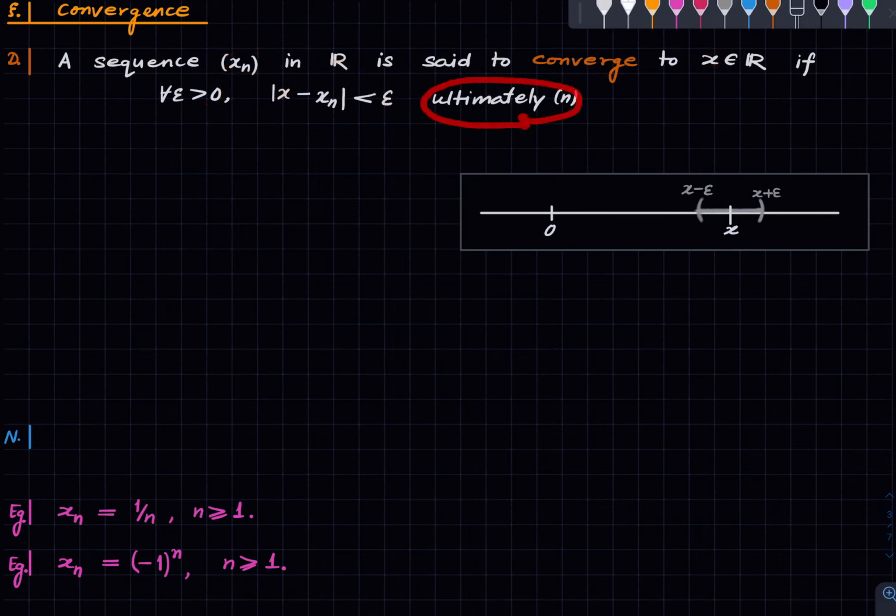Well, the thing is that if you visualize this sequence, this is 0, this is 1, and this is -1. So whenever n is even, xn is here, and whenever n is odd, xn is here.